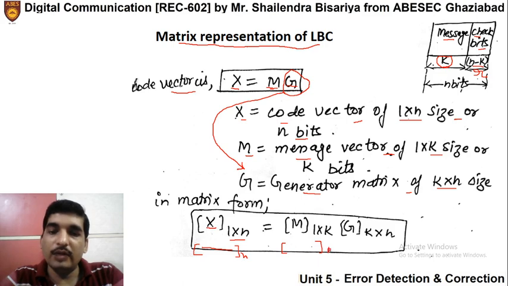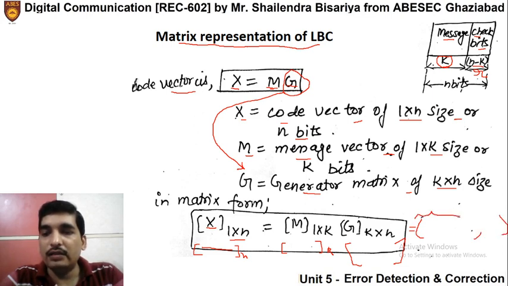Now you have to multiply this message matrix with some other matrix such that when you multiply, you will get the code word, and in that code word, let us say initially, these k bits must be message bits and the rest must be the parity bits, right? So this is what we want.